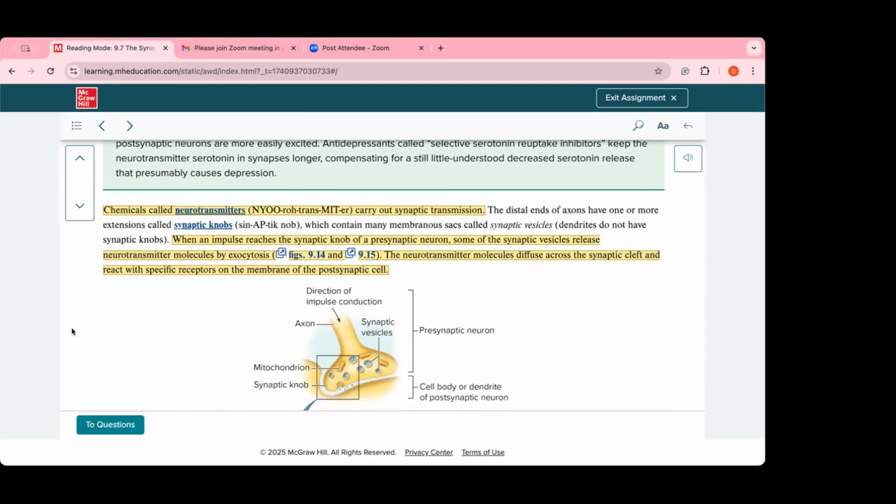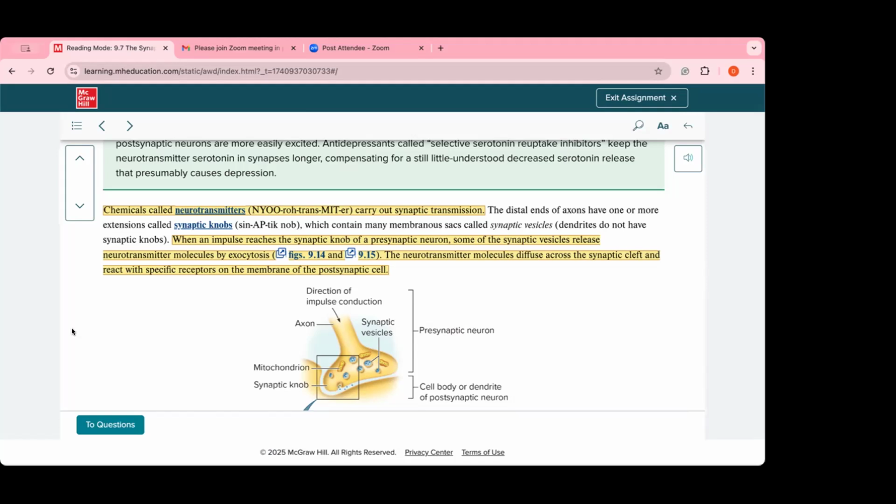When an impulse reaches, okay, so this is the sentence that it's referring to. When an impulse reaches the synaptic knob of a presynaptic neuron, some of the vesicles release neurotransmitter molecules by exocytosis. The neurotransmitter molecules diffuse across the synaptic cleft and react with specific receptors on the molecules.